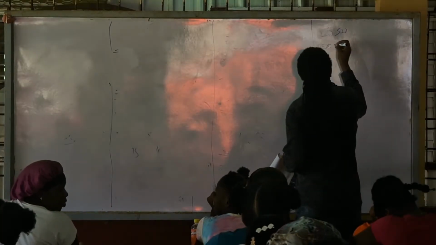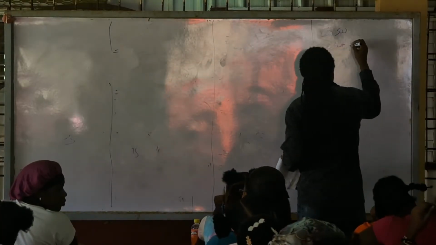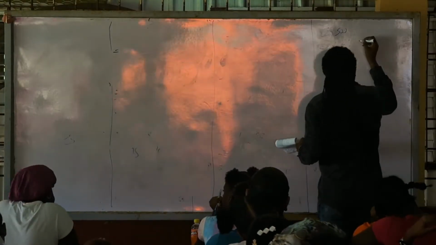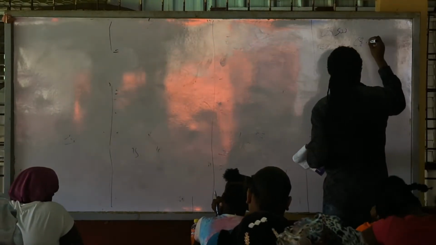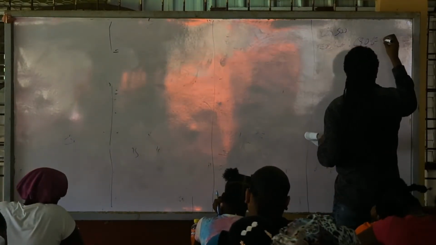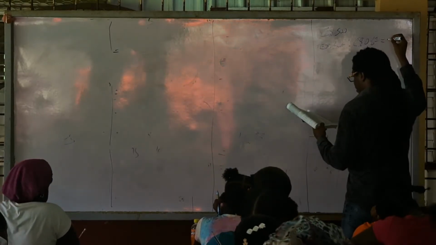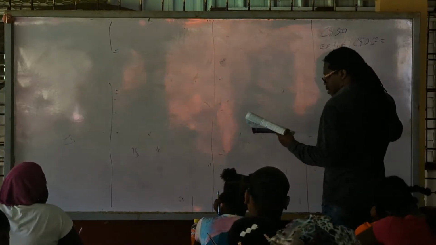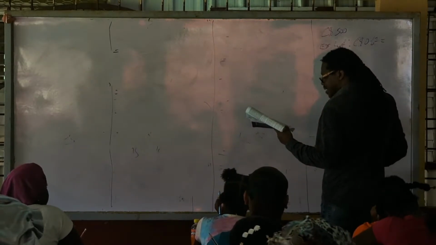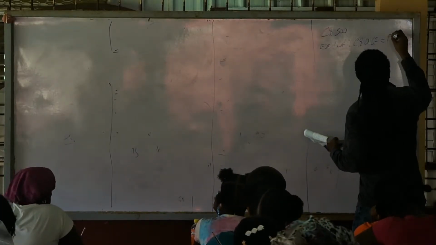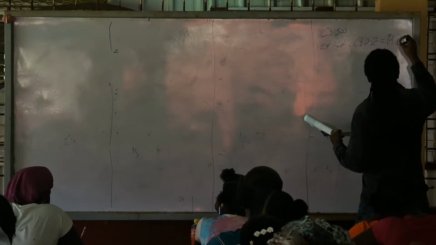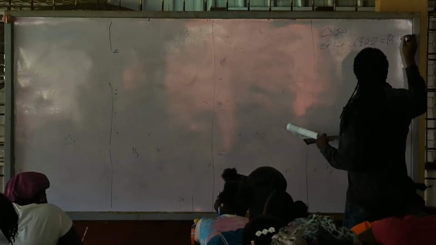So exchange rate 1: Canadian dollar, C dollar 0.67 equal B dollar 1.00.